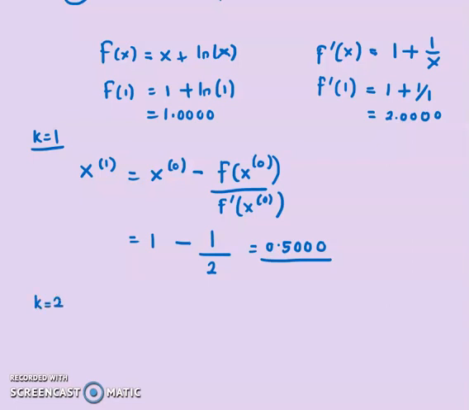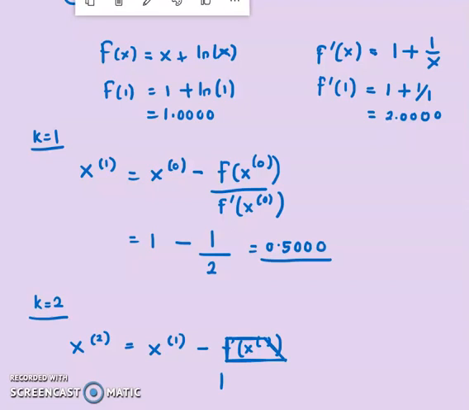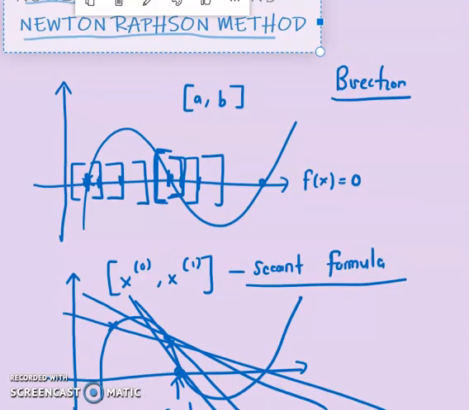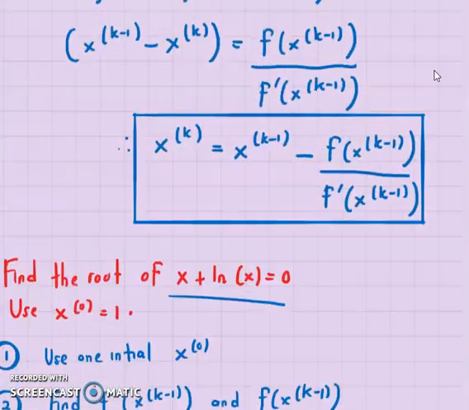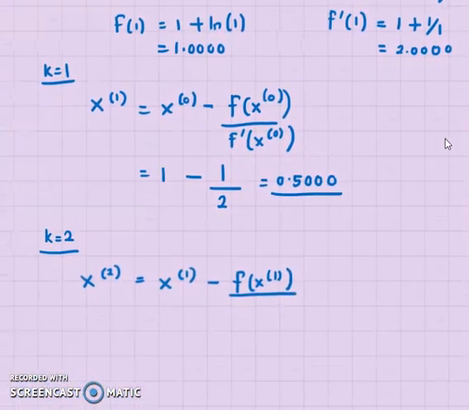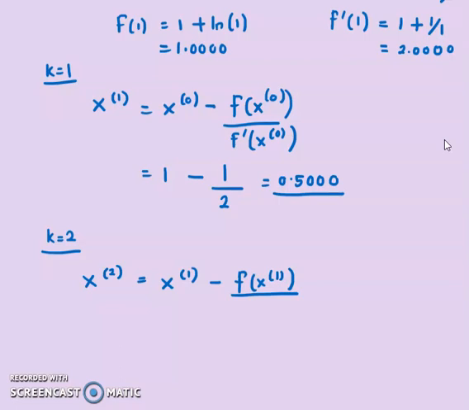Now you continue the process to find k equals 2. So x2 equals x1 minus f of x1 over f prime of x1. Okay, so you need to find f of x1, which is 0.5.